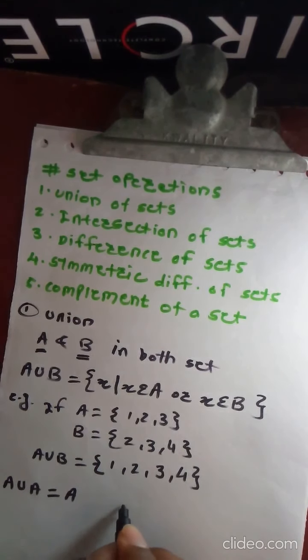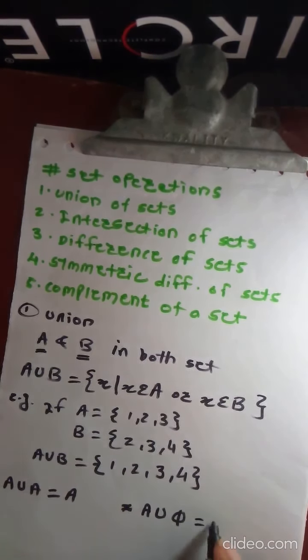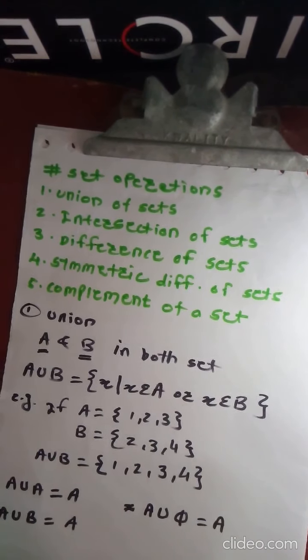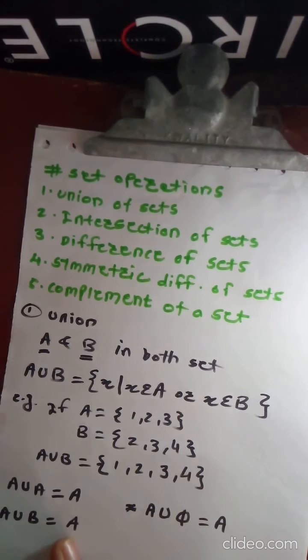Then A union phi is equal to A, means union of set A with phi, output is A. Then A union B is equal to A if B is subset of A, right?